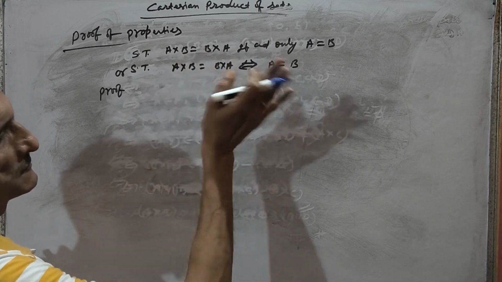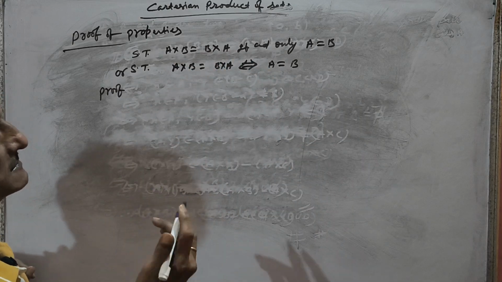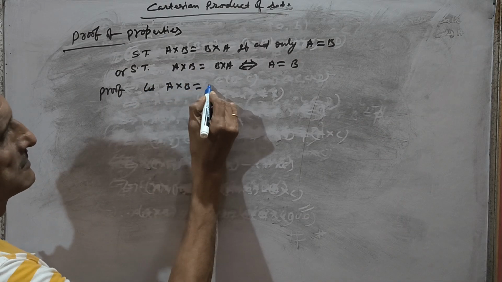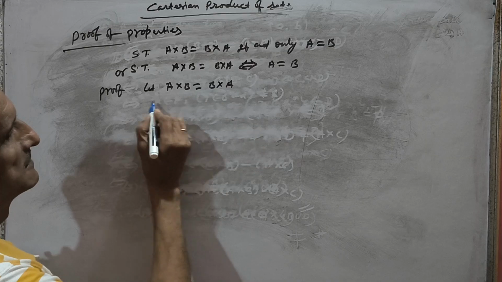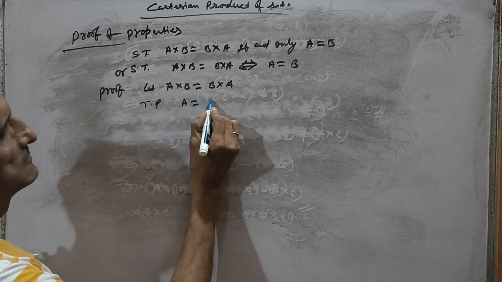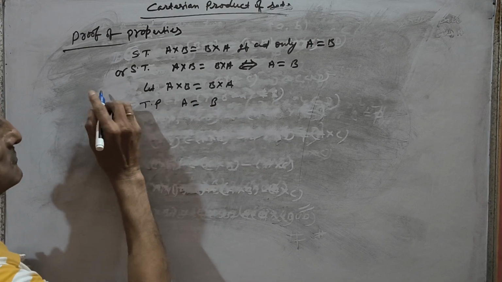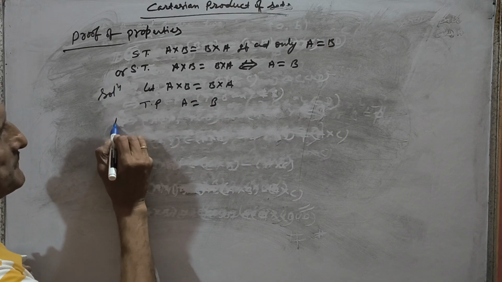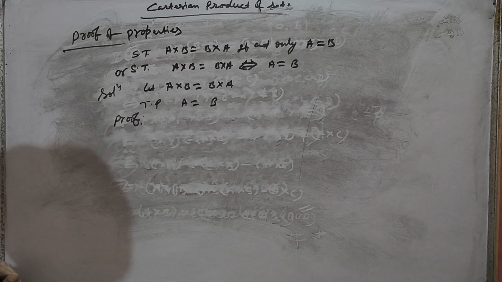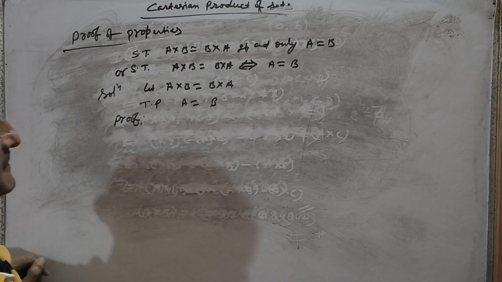See, you have to do it both ways, conversely. So write down: let A cross B equal B cross A. Then to prove A equal to B, write down a solution. This type of proof you have done in class 9.